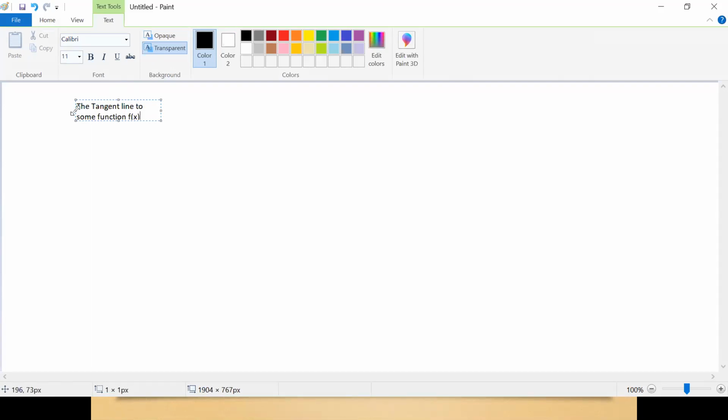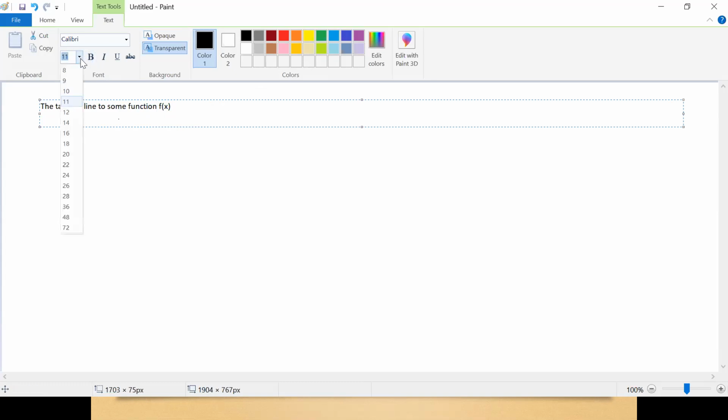Let me make this bigger. So the tangent line to some function f of x at the point, say, 2, 3, passes through the point 7, 6.